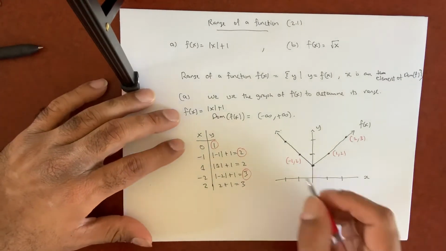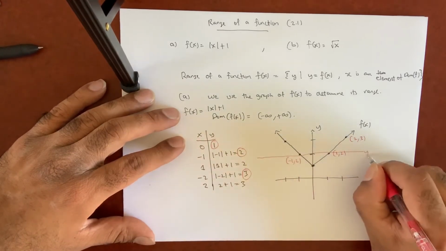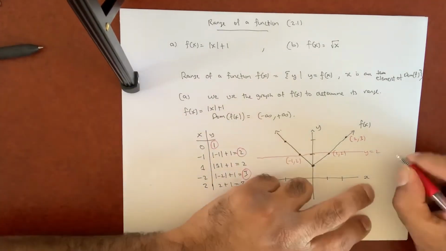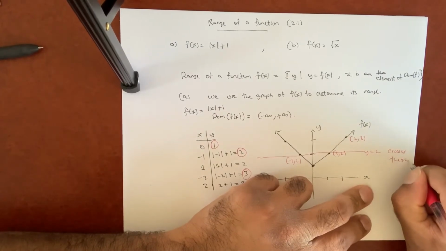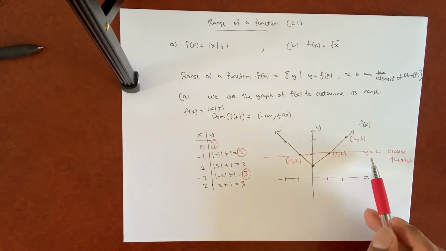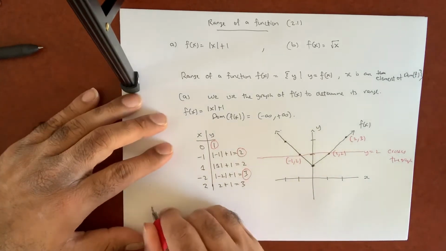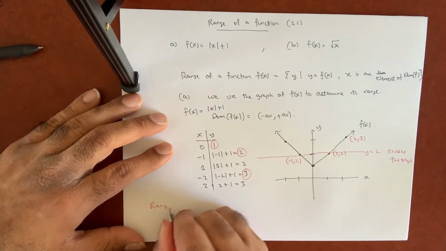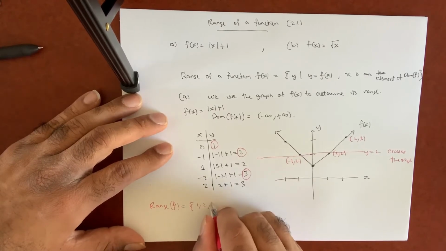Another way of visualizing this is to say, okay, if I drew the line y equals 2, this crosses the graph. And the fact that it crosses the graph means y equals 2 is actually part of the range. So just to list, I'm not going to first write off the full range just yet, but you can list 1, 2, 3, right?